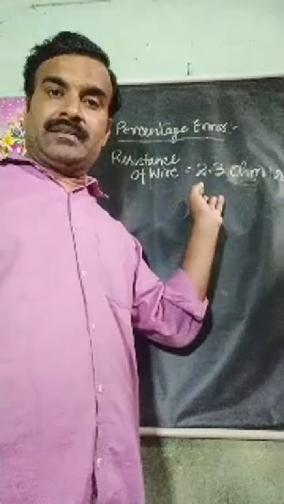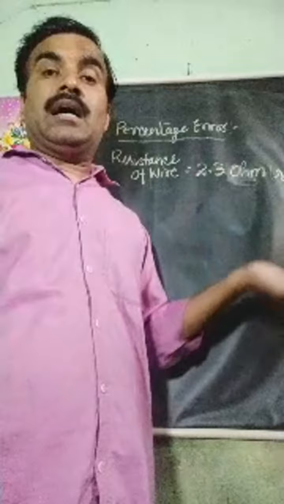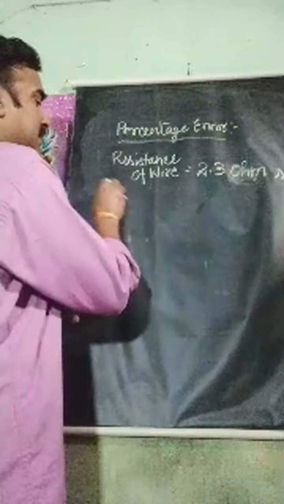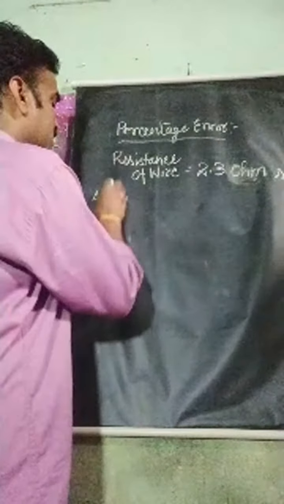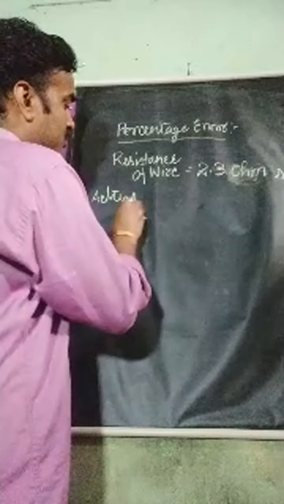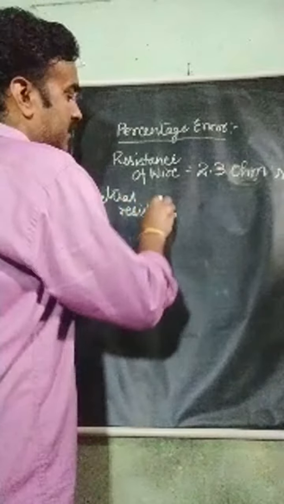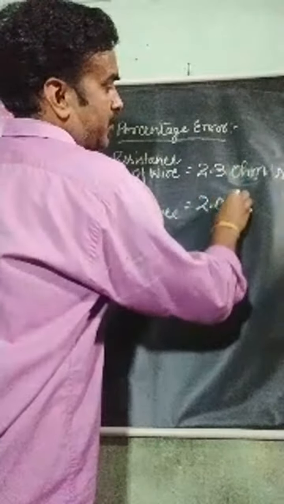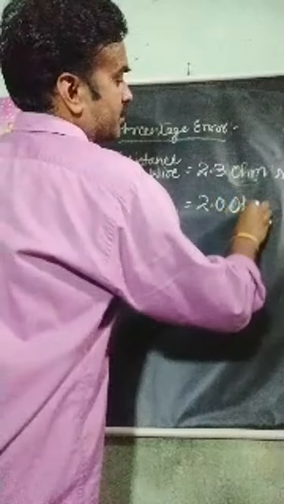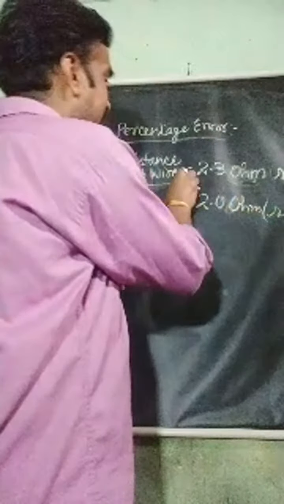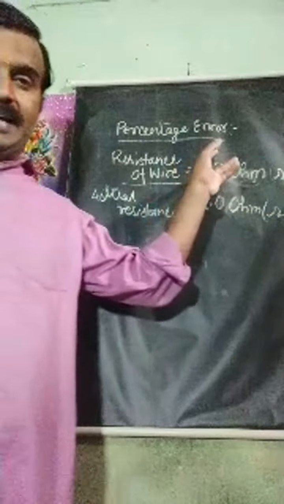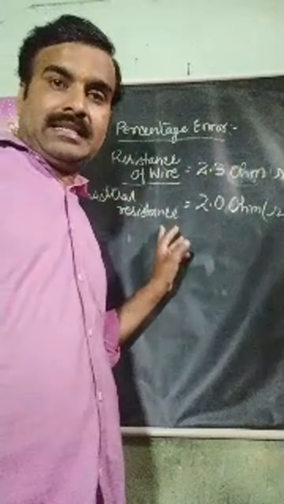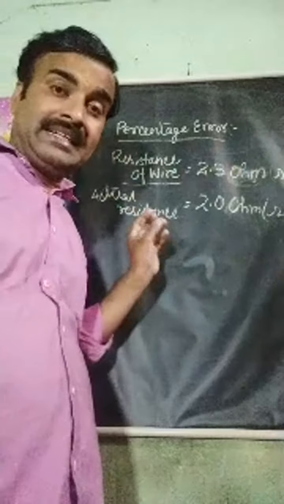After measuring it, we are getting this, and the actual resistance is given as, suppose, 2.0 ohm. This is the resistance of the wire that we have got experimentally, and this is the actual resistance, the given resistance of the wire.